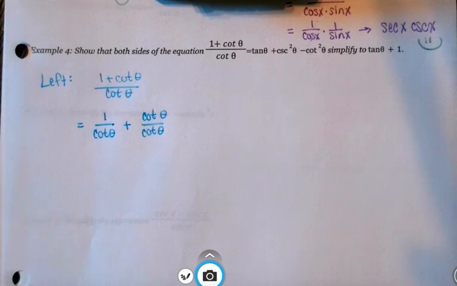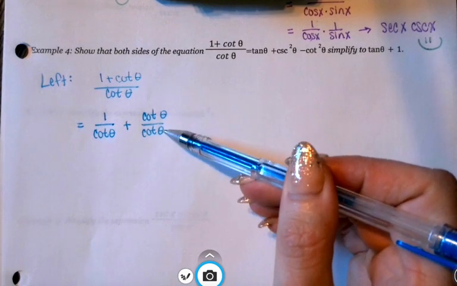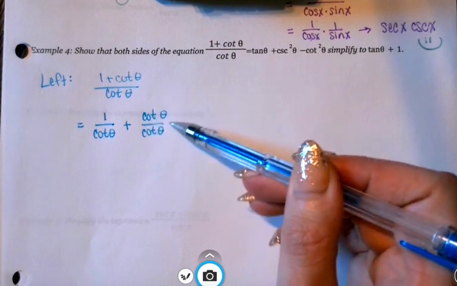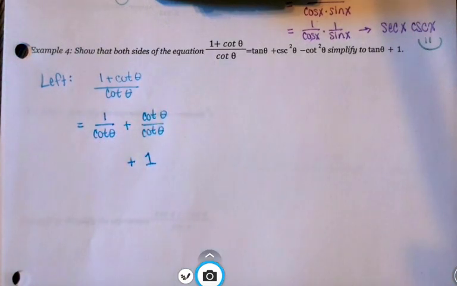We can do that. So now when I look at this, I know that cotangent over cotangent would cancel out, and this part here would turn to 1. So I'm going to do that right now.